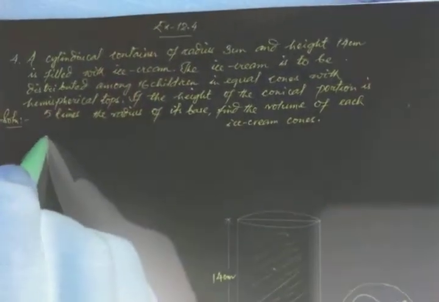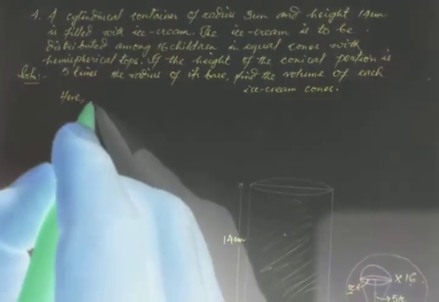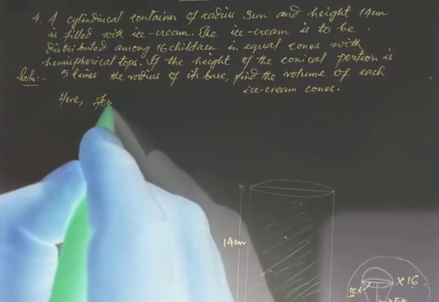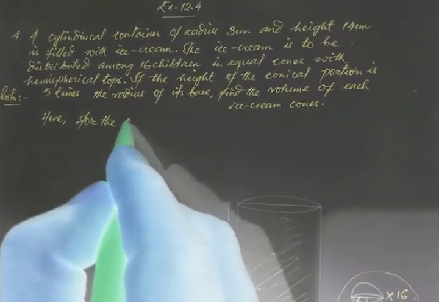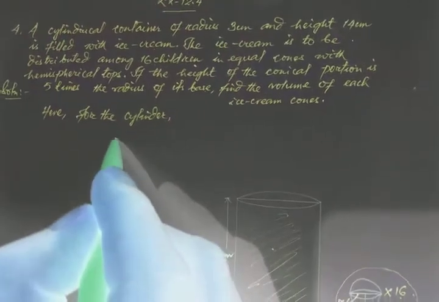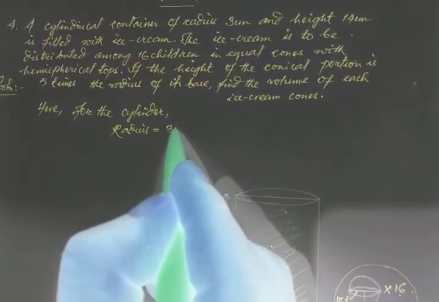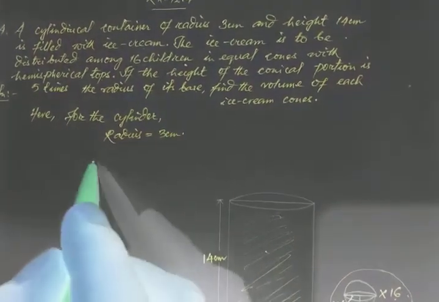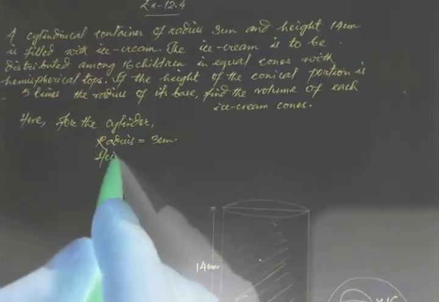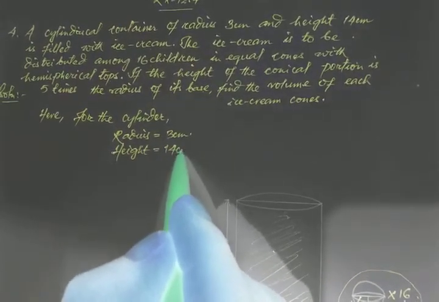Here for the cylinder, radius equal to 3 cm, height equal to 14 cm.